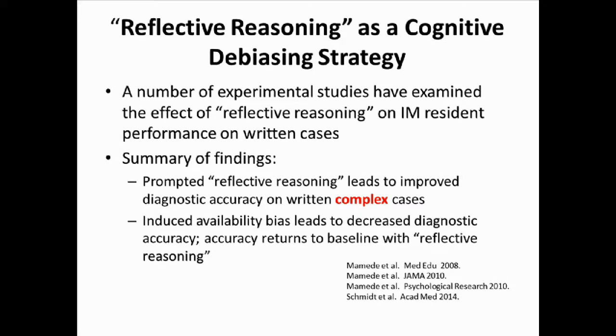So cases that are hard, cases that you can't use your pattern recognition in. If we make you think about them more and pull out the data that matters, you do better. Also, if we induce availability bias, that decreases diagnostic accuracy, but if we make you think about that case more with this reflective reasoning, it corrects for the bias.